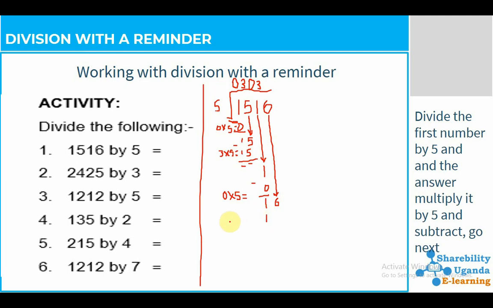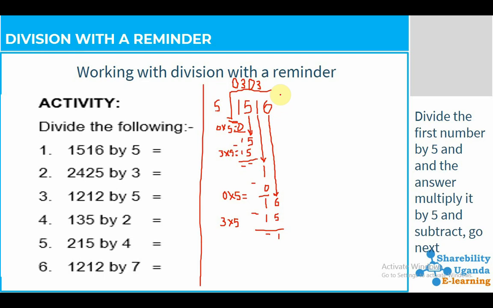We say 3, our answer, times 5, we get 15. So we shall subtract and see the result. What is 6 minus 5? You get 1. 1 minus 1, you get a naught. So here we are remaining with our 1.